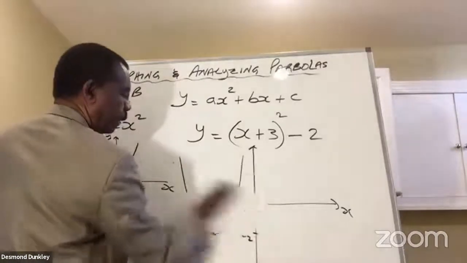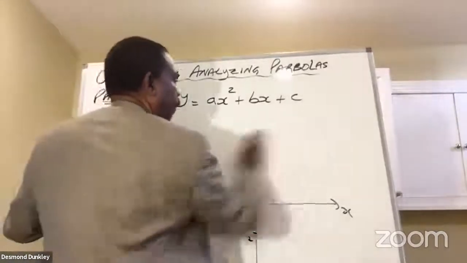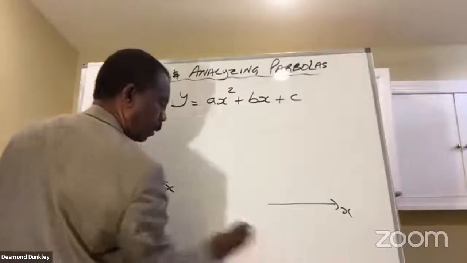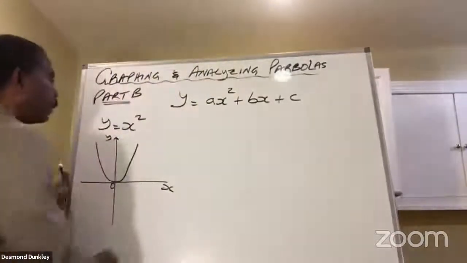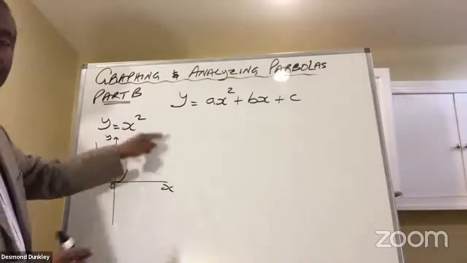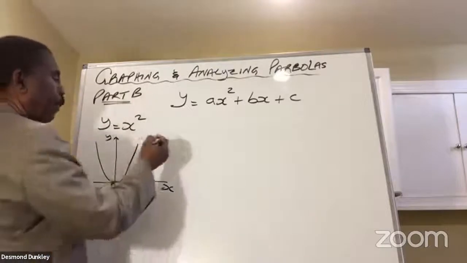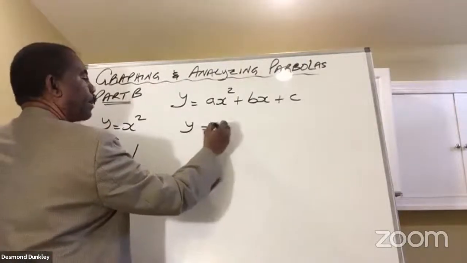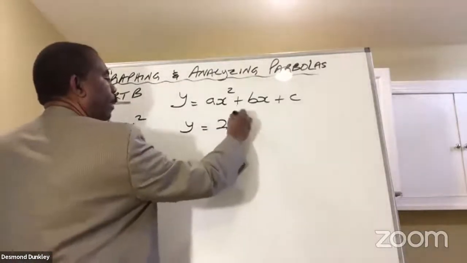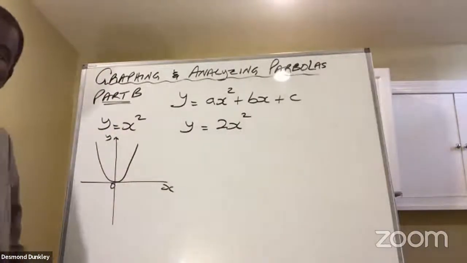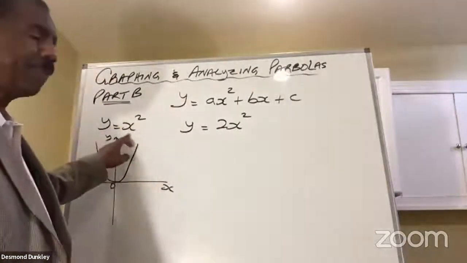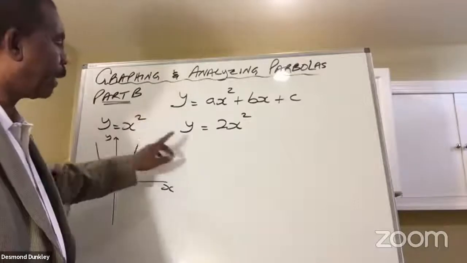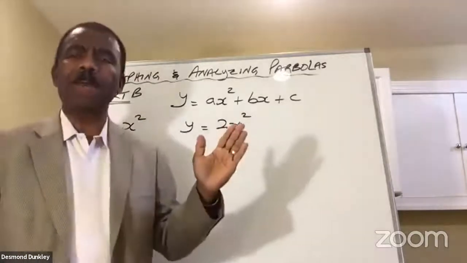Well, suppose instead of having y equal to x squared, we end up with y equal to, say, 2x squared. Notice, whatever the value was for y, this 2 means that that number is going to double.